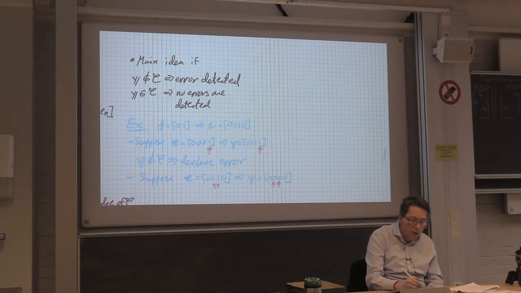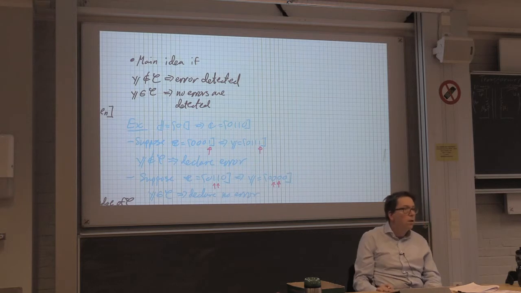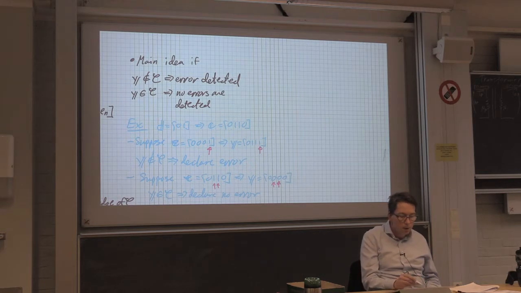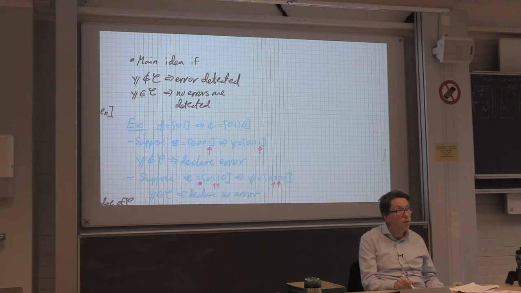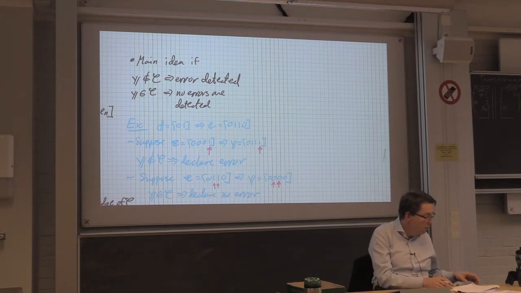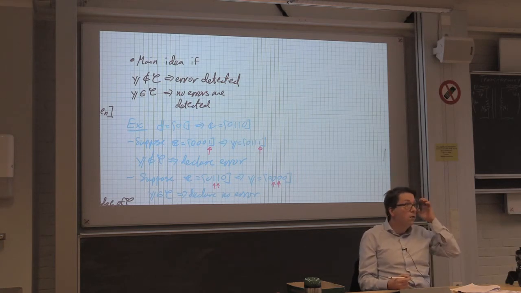We can go back and check, but I can already now say it is, right? So we declare no error. Okay. So here we say that this looks fine, because what I see is a code word. Me as a receiver, of course, have no idea what the error pattern was, but it looks fine. So here is a problem, because we have said that y is fine, no errors, even though there are errors. So this is a problem of so-called undetected errors.